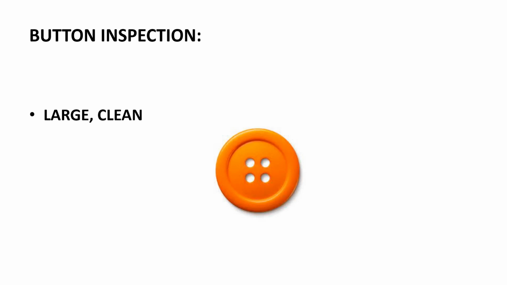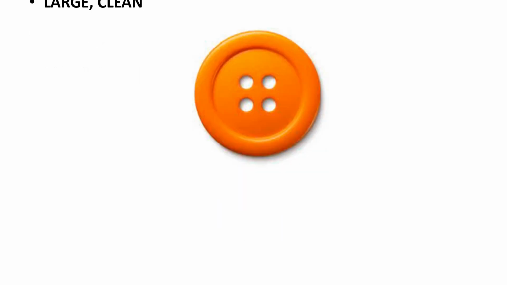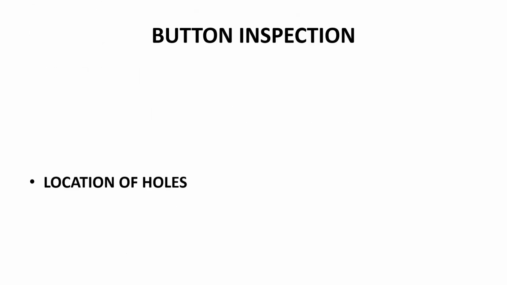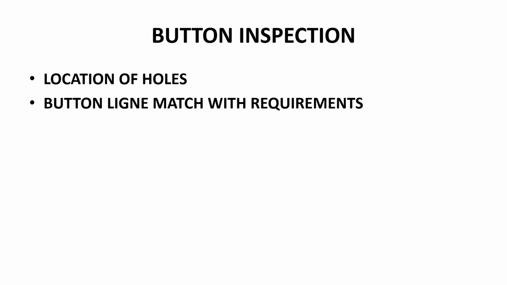What other important parameters are to be inspected during the inspection of button accessories? It must have a clean surface. And of course, the location of holes is very important: where is the hole situated? Button line size and diameter must meet requirements.